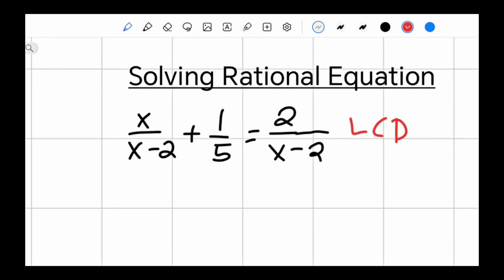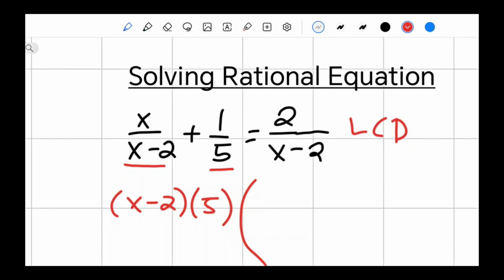Here, our LCD is the product of the denominators, so we have x - 2 and 5. So our LCD is (x - 2) times 5. We will multiply our equation by this.